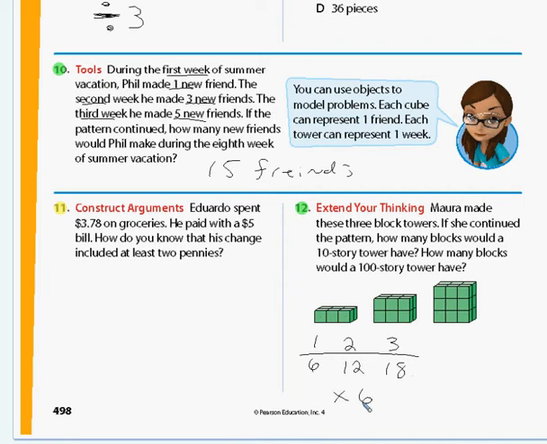So if we want to figure out how many a 10-story would have, that'd be 10 times 6 equals 60 blocks. And a 100-story would be 6 times 100, which would be 600 blocks.